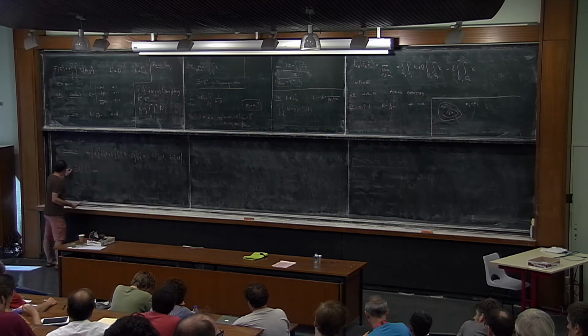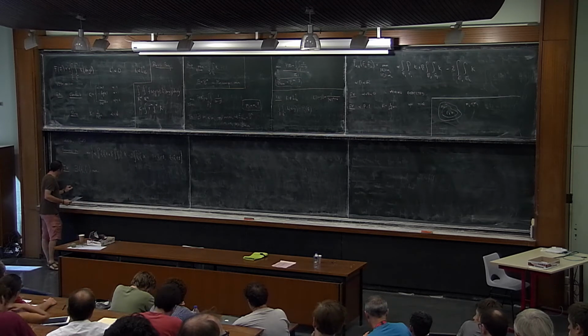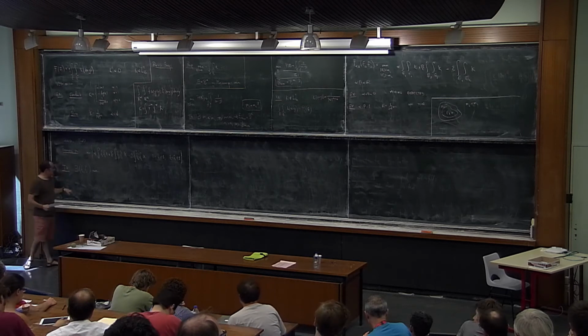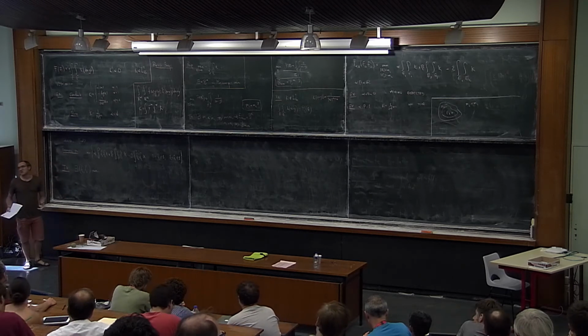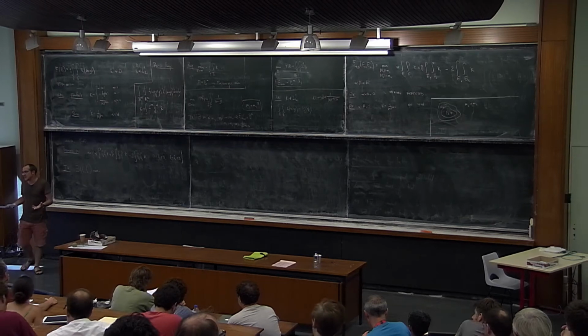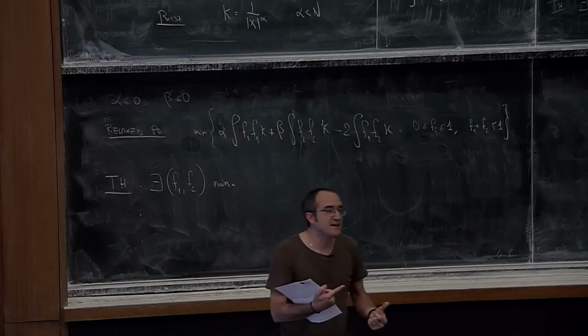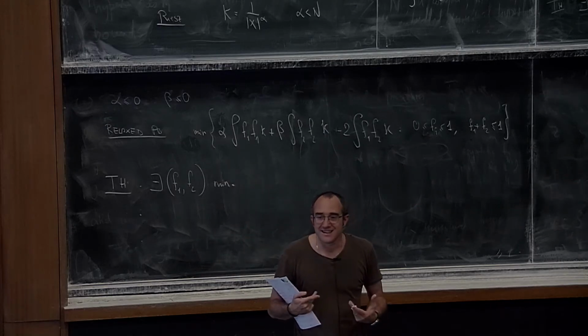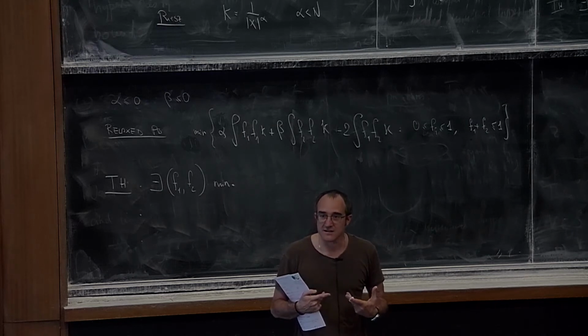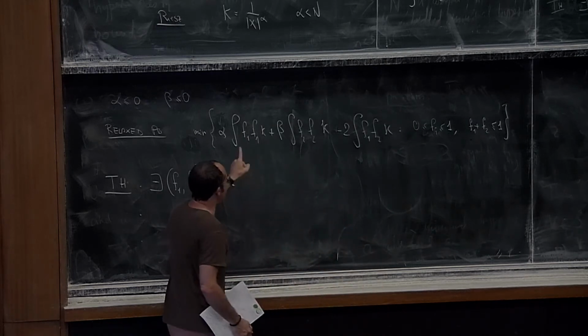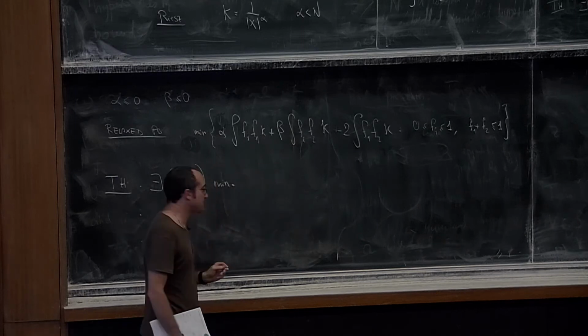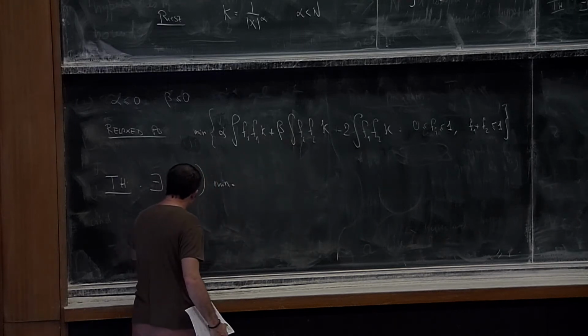And then one can show a couple of properties of the minimizer, which are expected in the attractive case: that you don't leave holes. You saturate the constraint. Saturating the constraint does not mean that f1 and f2 are characteristic functions, but that the sum of the two is 1.